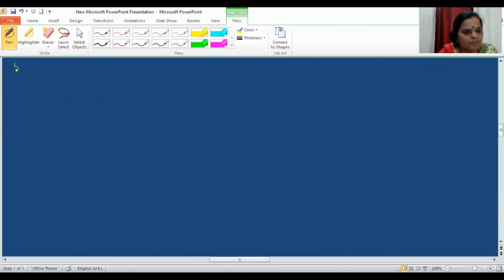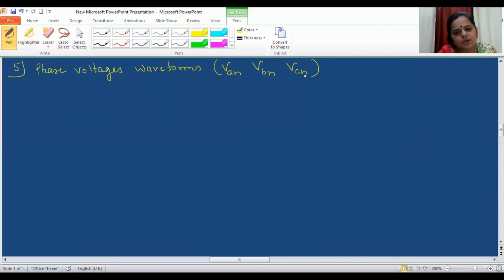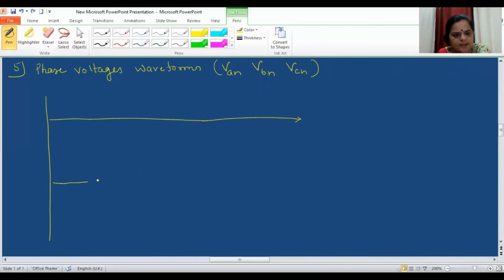So now the fifth part is the phase voltages waveform. Phase voltage waveforms means VAN, VBN and VCN. We are going to plot these waves. For that I am supposed to make the y-axis, and then the next line is like this, and the third line is for VCN.